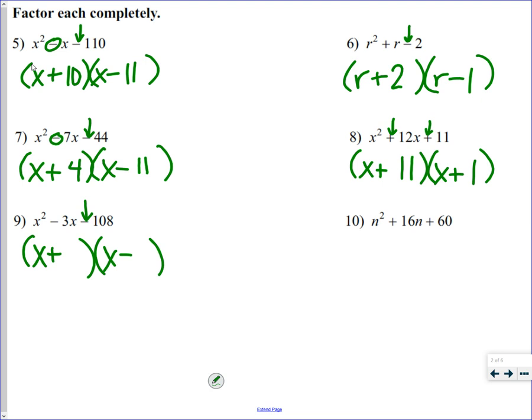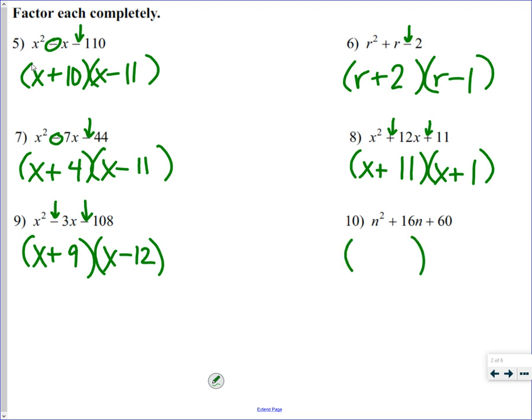If I would have 108 divided by, oh, that's not going to work. I'm sorry, I should have had this one figured out, and I don't have my answer key here with me. 108 divided by 9 is 12. 9 and 12 multiply to be 108. And I know that I need more negatives. So the 12 is going to have to go here, the 9 is there.